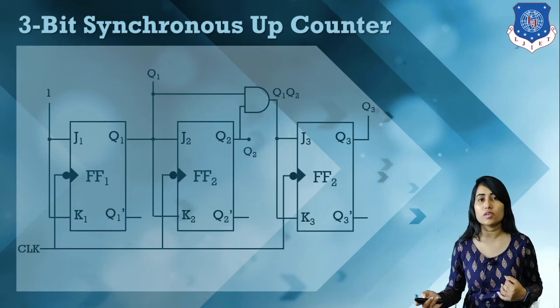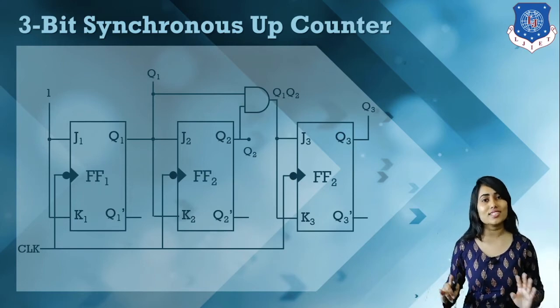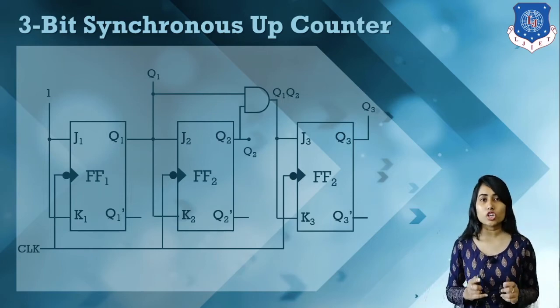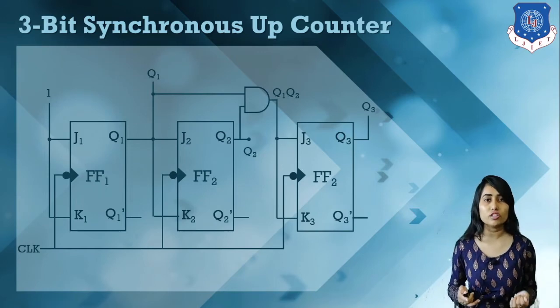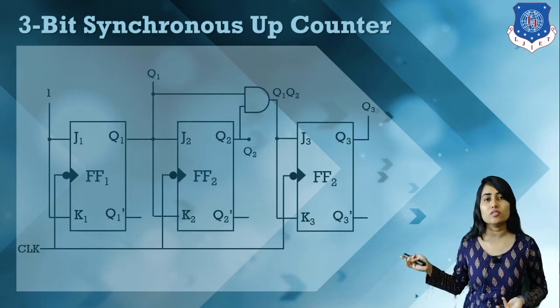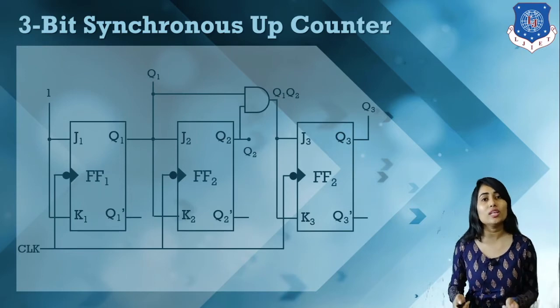So in a synchronous counter we can apply either. Here we apply negative edge trigger flip-flops, which means our output will be produced at the negative edge of the clock signal.